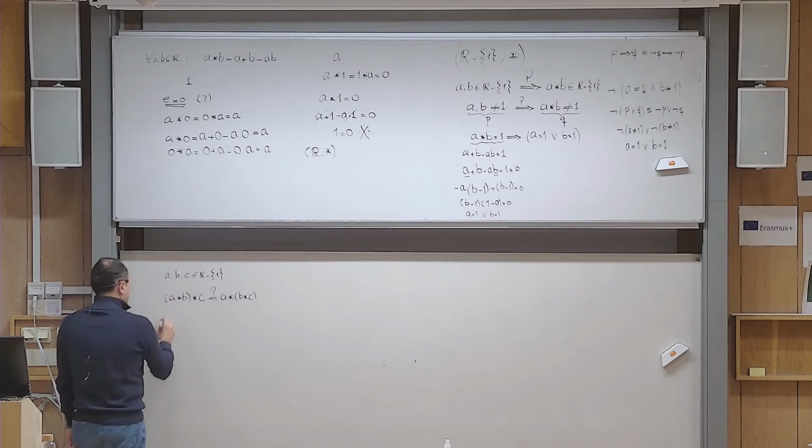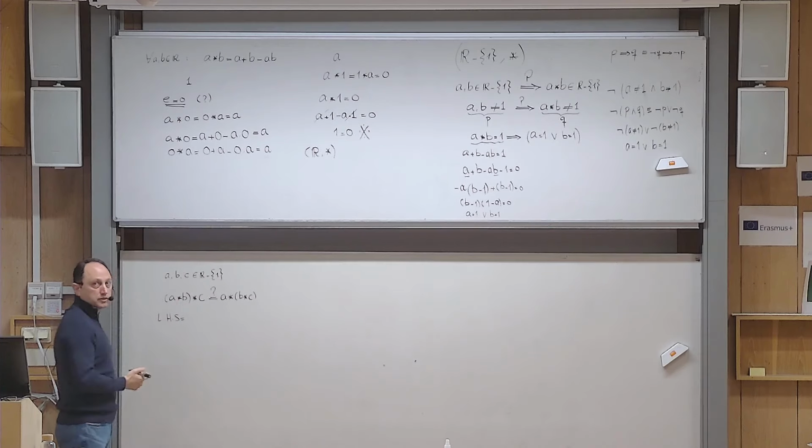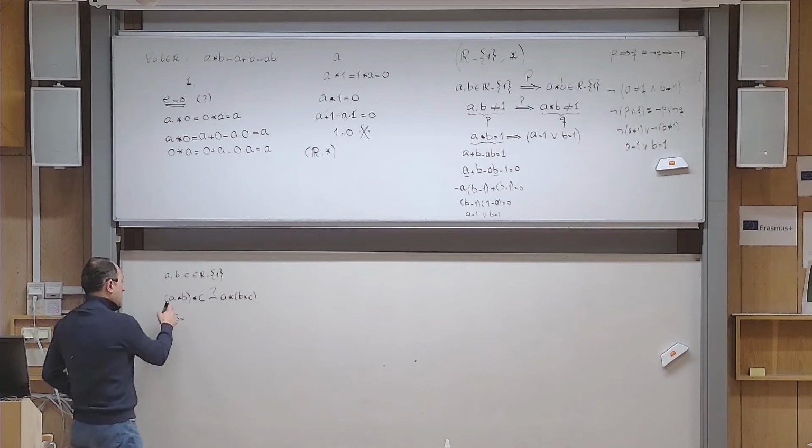Okay, so I start from the left-hand side to see how it goes. The left-hand side, because of this pair of brackets, this star operation is prioritized. So I will do this one first.